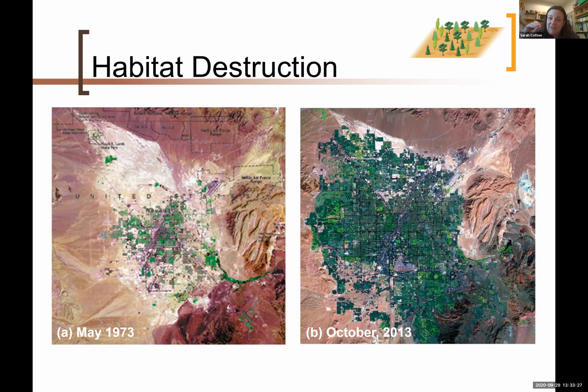And now it is incredibly populated, right? Not just Las Vegas itself, but all these surrounding cities where people have come in and changed the desert habitat into something that is more appealing to us, which means grass, right?